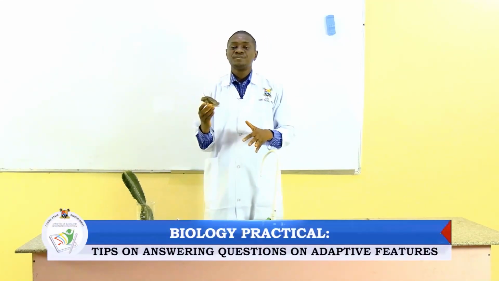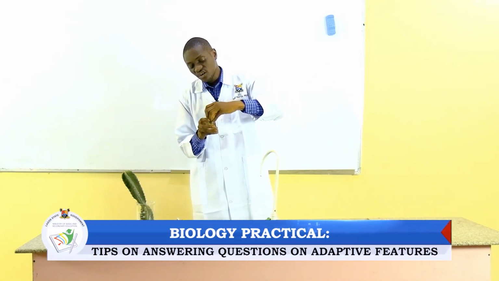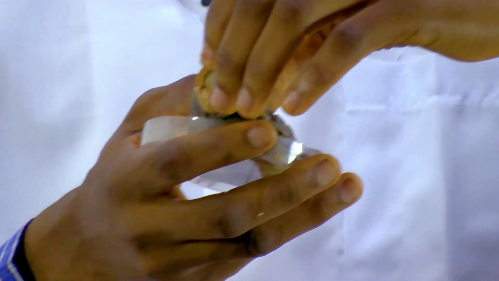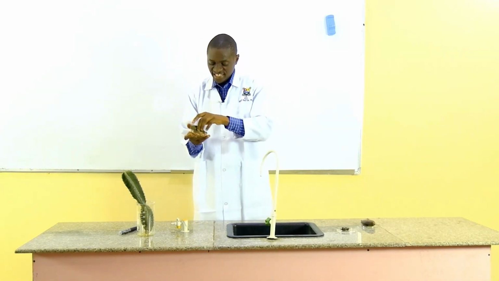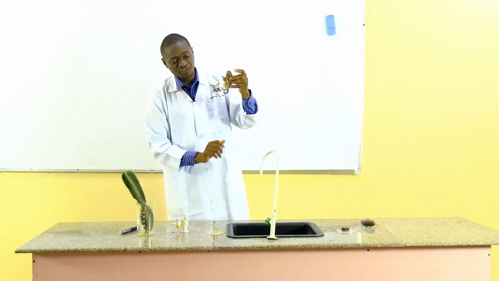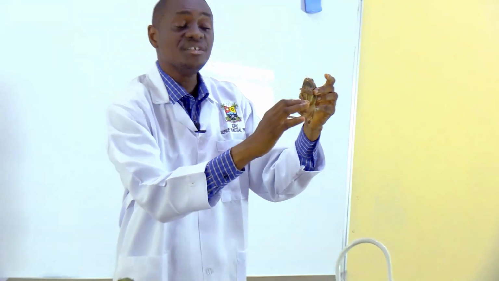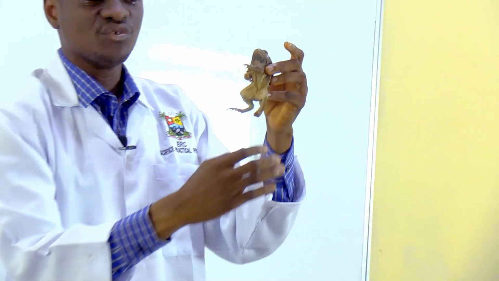And number two, the toad, when you check through the mouth, it has a long and sticky tongue, which it uses to catch prey and to hold prey. And then the next structural feature we are going to see here is that the toes, the limbs of a toad, end with webs.